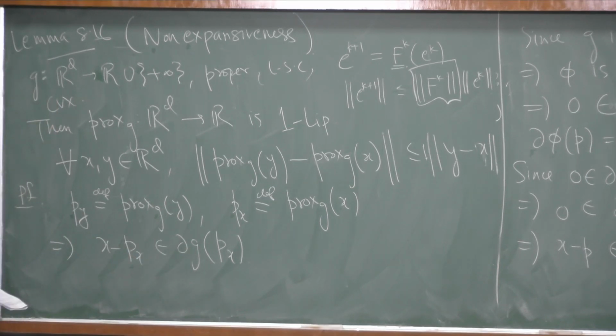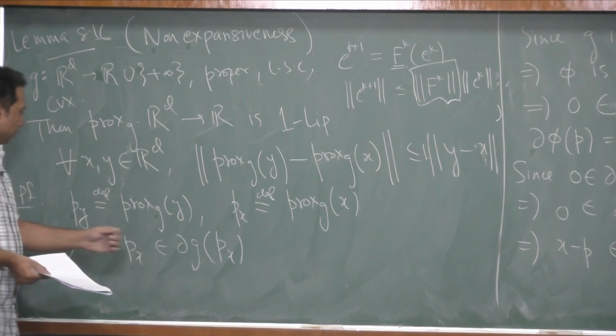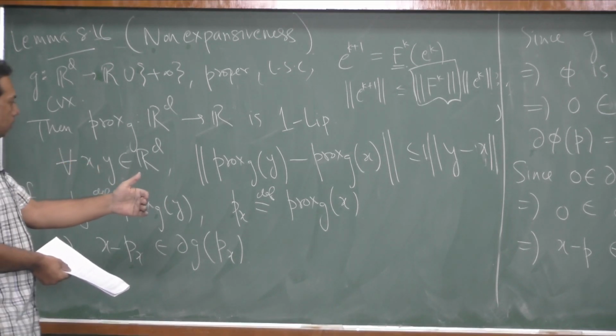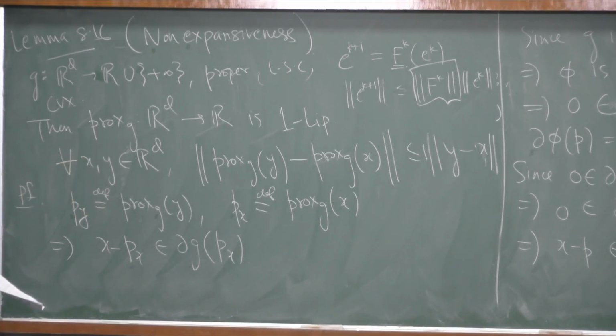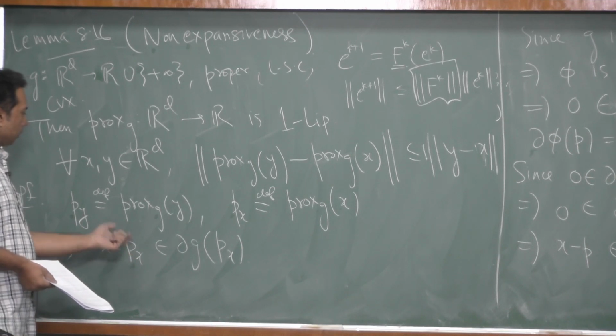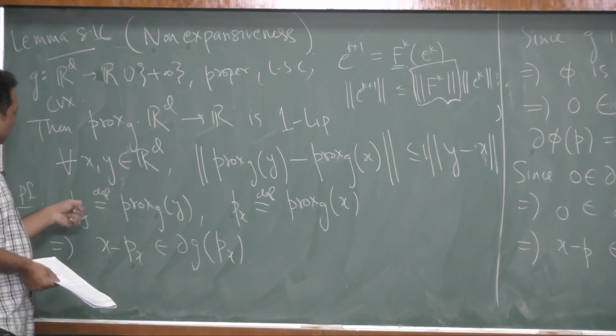We'll just apply the original definition of the subgradient, and in place of x and y we will use these two points. If you remember, it was G of y minus G of x minus the inner product of eta with y minus x, and eta was any subgradient. Here we found one eta.